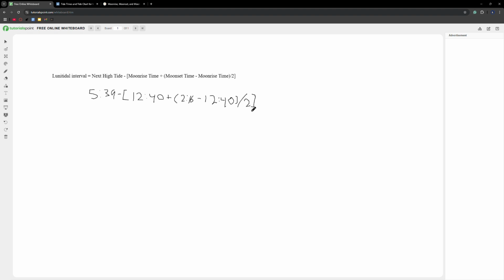And so the only set that you're dividing by 2 are these numbers. So you take these numbers and you divide them by 2 before you do the rest of the calculations.